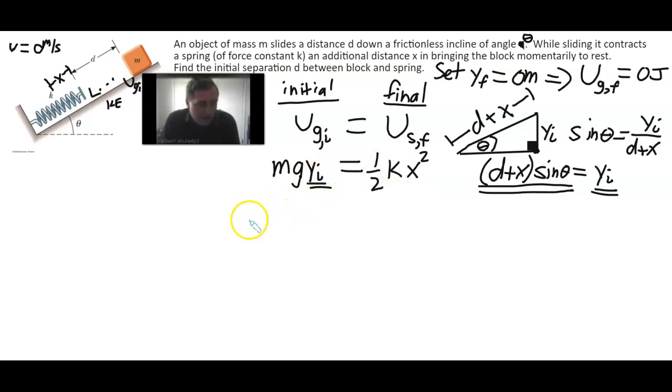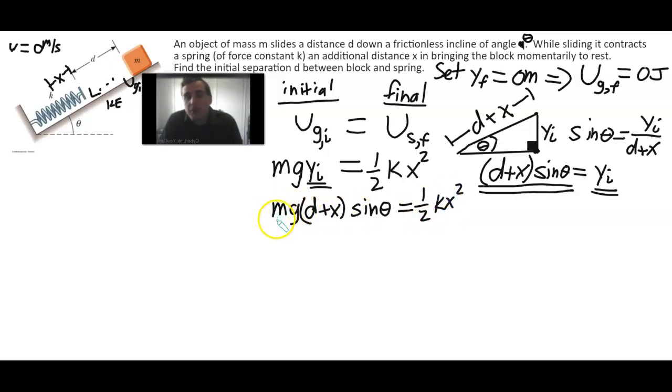So then we have mg times d plus x times sine of theta equal to 1/2 k x squared.